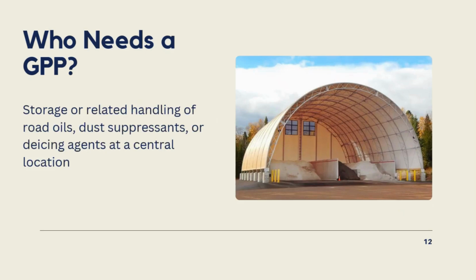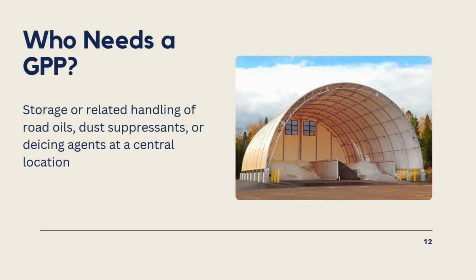This one I added in. For most people, you'll never have to worry about this business wise. This one's a weird one because there are exceptions to it, but the storage or related handling of road oils, dust suppressants, or de-icing agents at a central location, like an overhead barn here, needs a GPP.